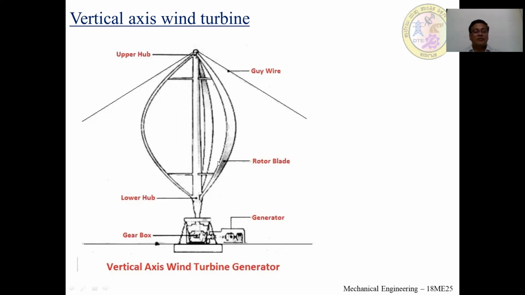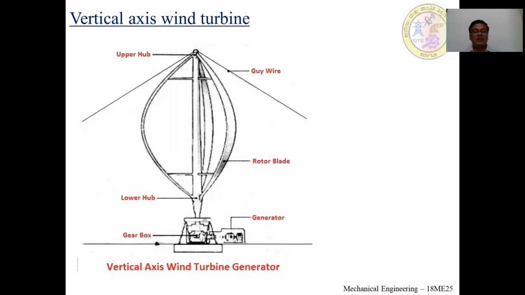Coming to the working principle, the vertical axis wind turbine is a type of wind turbine most frequently used for residential purposes. You can't use this kind of turbine for engineering applications. These are restricted to residential purposes, to provide renewable energy to the home.